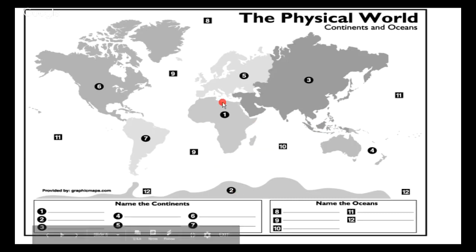So let's remember our continents, the mountain ranges associated with the continents, the major river systems associated with the different continents, and places. Largest ocean would be what? Pacific. 11, Pacific. All right.